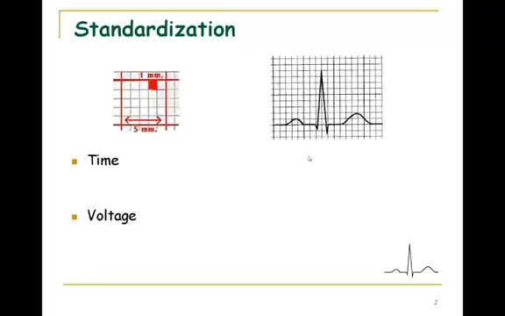So it took 0.08 seconds for the ventricles to depolarize. If we talk about voltage here, what's the voltage of the R wave? The R wave peaks here and comes down to this baseline. This corresponds to 5, 6, 7, 8, 9 boxes, so that is 0.9 millivolts.